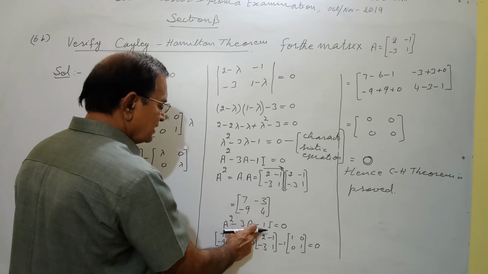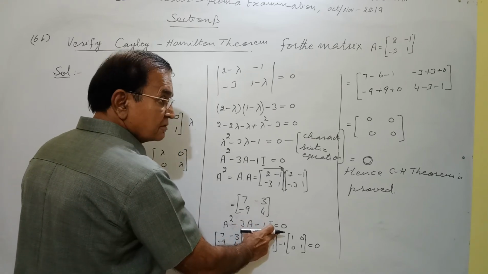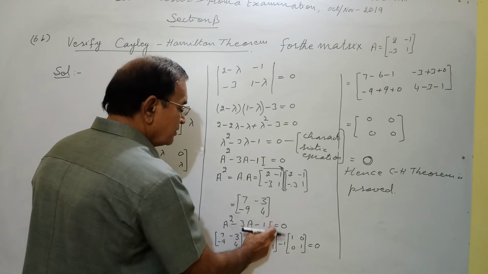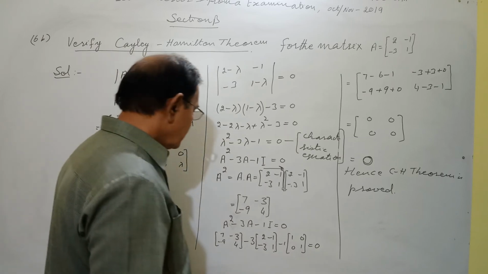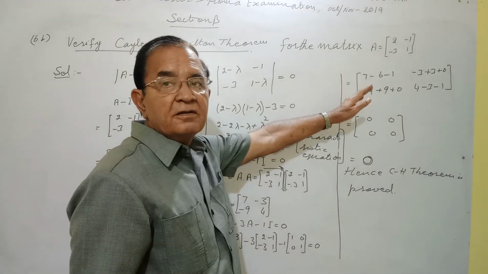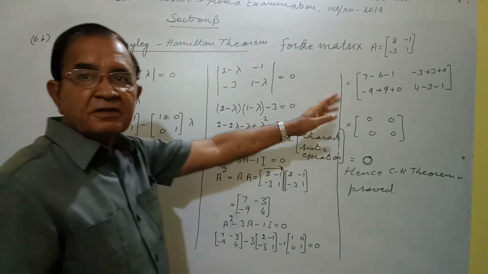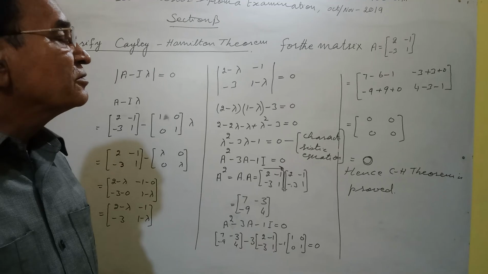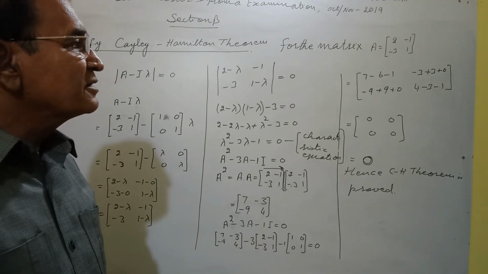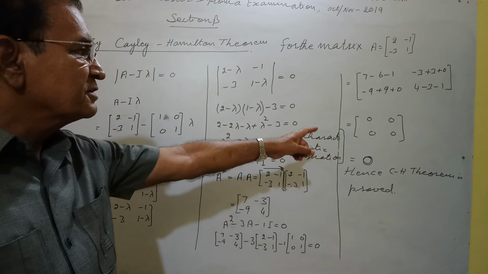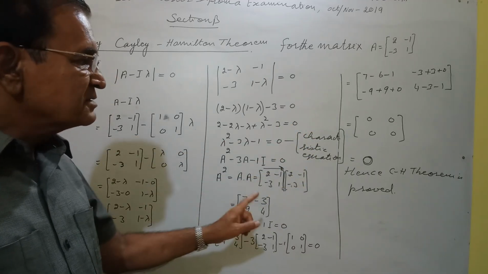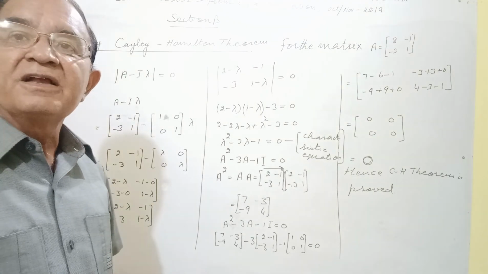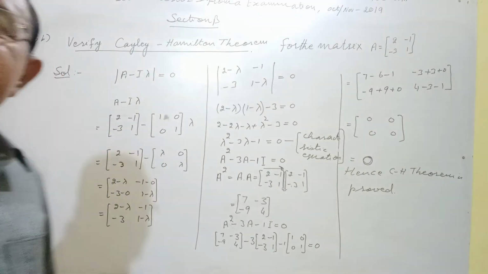A square minus 3A minus 1I equals 0. A square we have got, put the value of A, put the value of I. Then first entry, count all the first entries, then the second entry of the first row, then second row first entry, second row second entry. After solving you will get it equals 0, hence the CH theorem is proved. I am explaining it with that. While writing you are supposed to write simply, which you can do quickly.